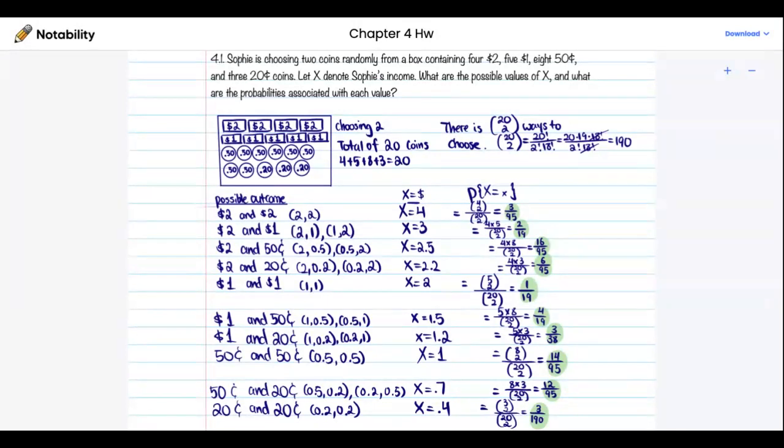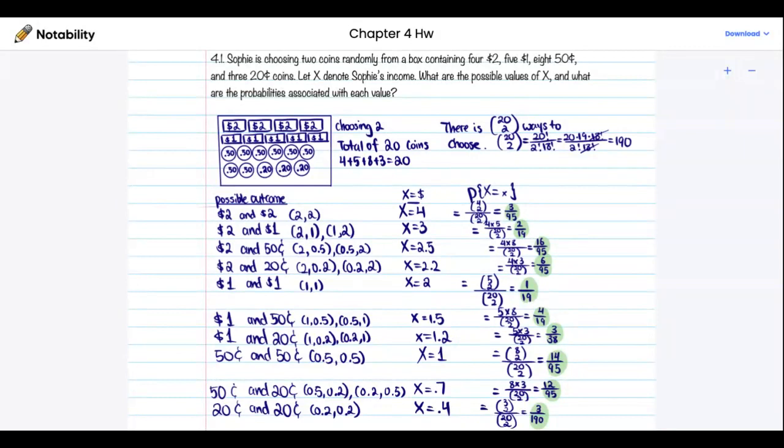The fifth outcome is a $1 and a $1, giving $2 in total, with probability 5 choose 2 over 20 choose 2, which equals 1 over 19. Then a $1 and a 50-cent gives $1.50, with probability 5 times 8 over 20 choose 2, which equals 4 over 19.